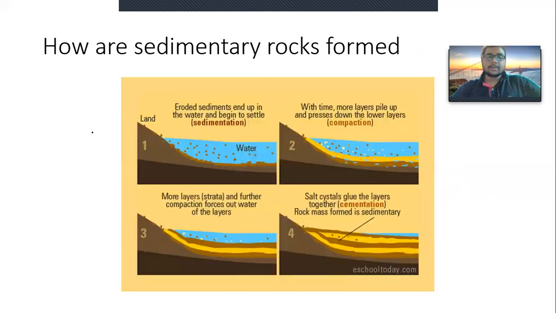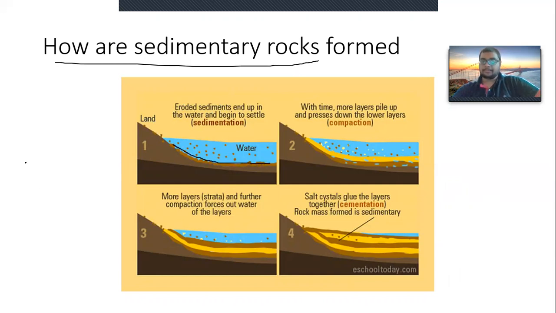Then, how are sedimentary rocks formed? You can see here, there was some land over here. There is water. So some layer of land goes inside the water and forms the first layer. Then with time, more layers of this land come on top of the other and gather in one place, layer by layer.